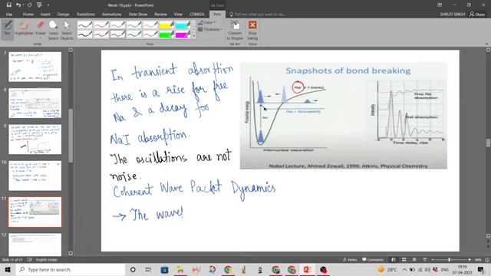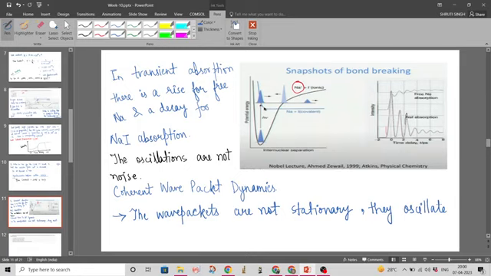The wave packets, the undissociated, the bound surface, or the dissociated surface.